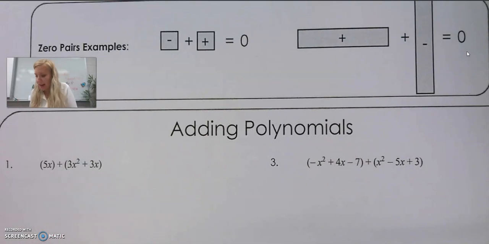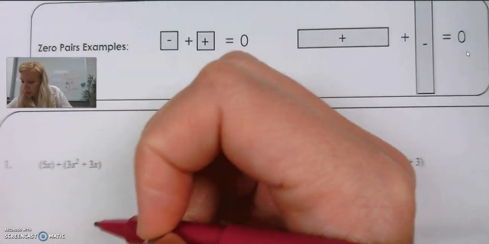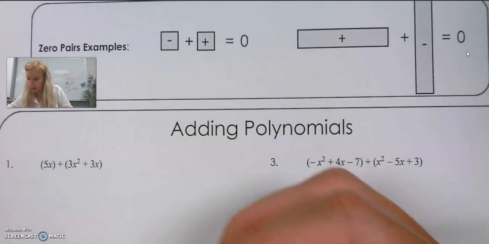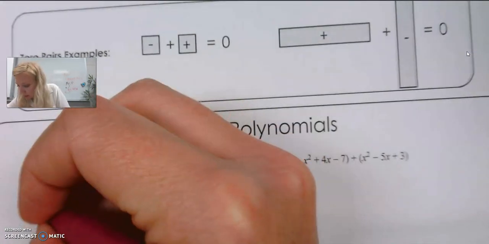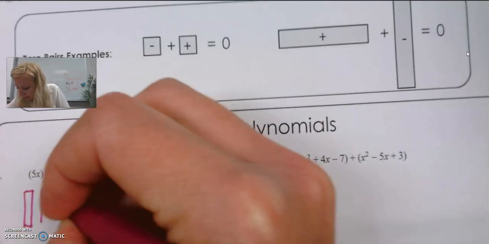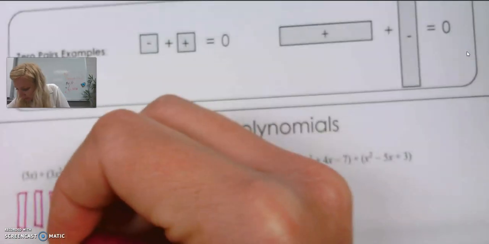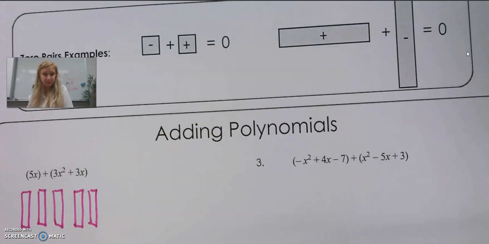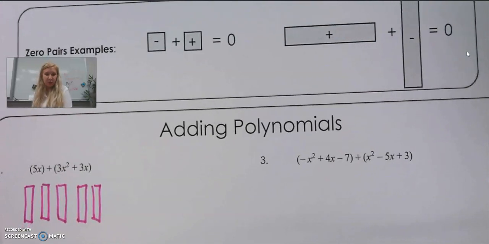So let's come down here, adding polynomials. So 5x. I'm going to draw out 5x. So that's going to be the long ones. 1, 2, 3, 4, 5. And then I have 3x squared.